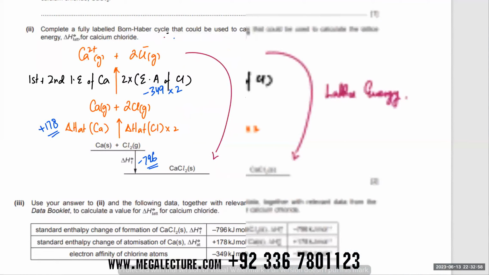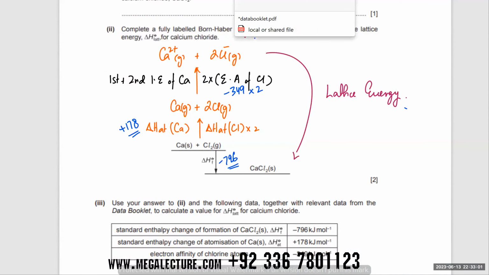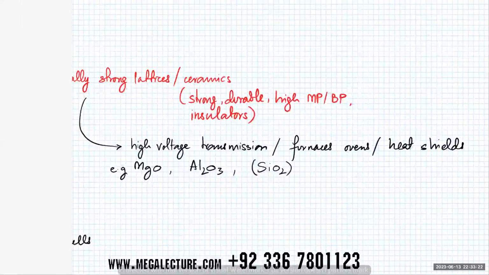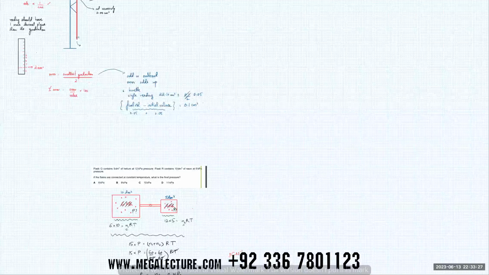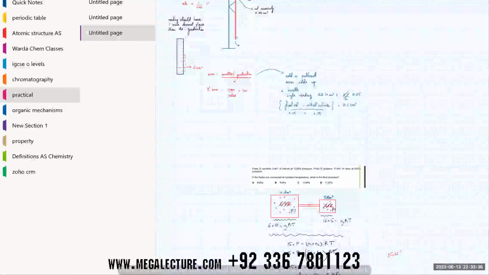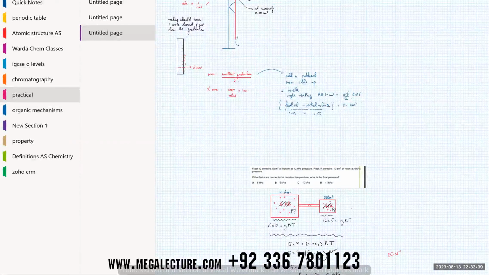So the first and second ionization energy of calcium can be obtained from the table over here.